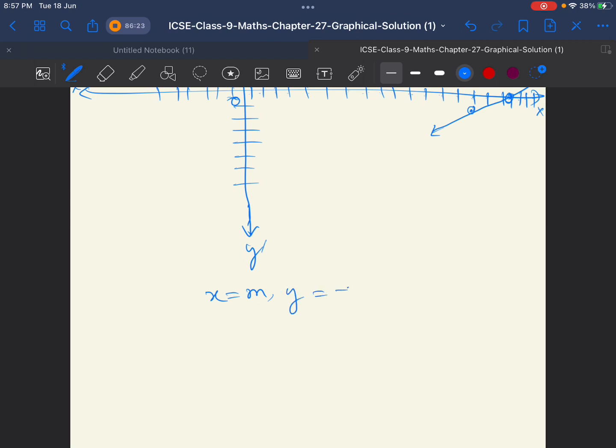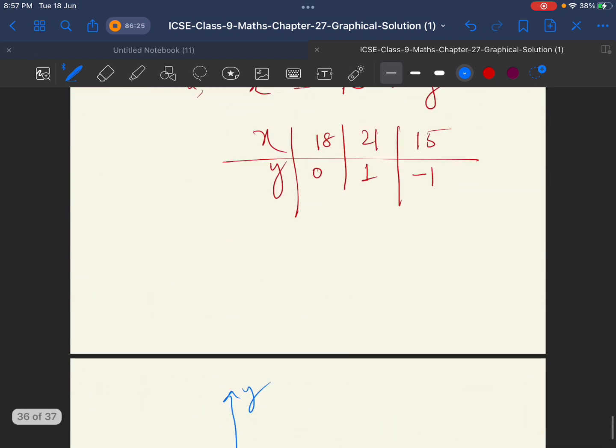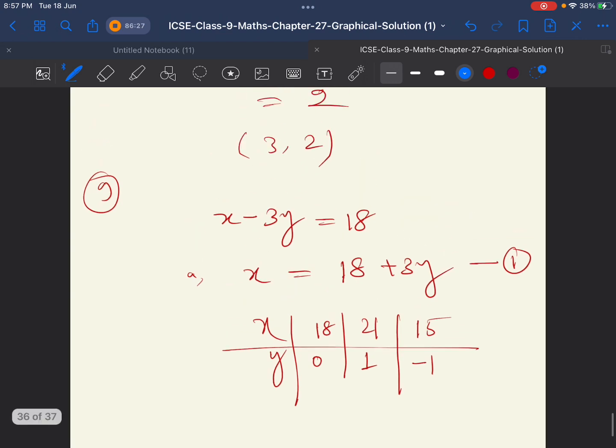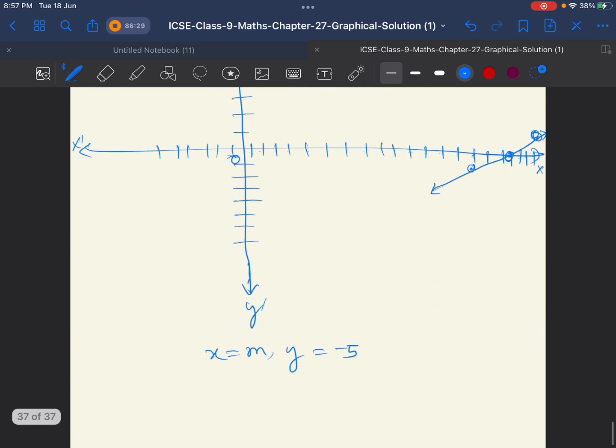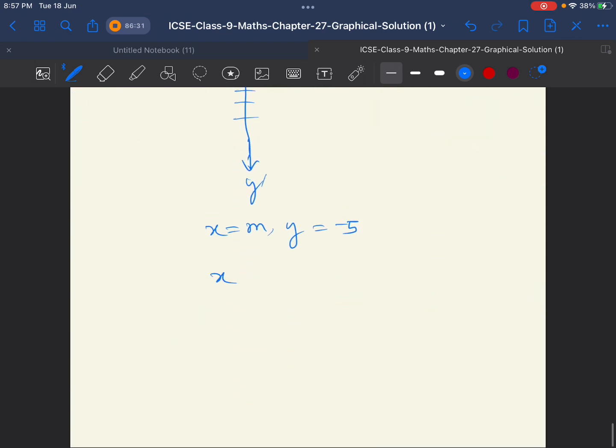So here we put x equals m and y equals minus 5 in equation 1.